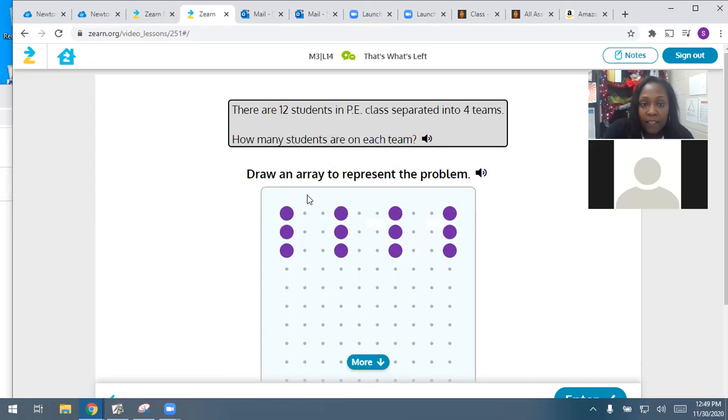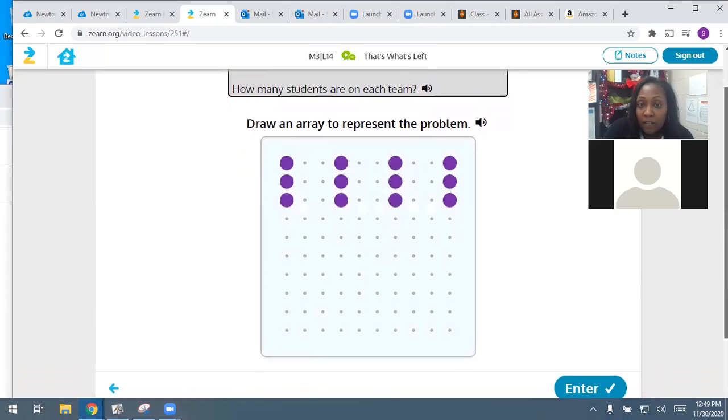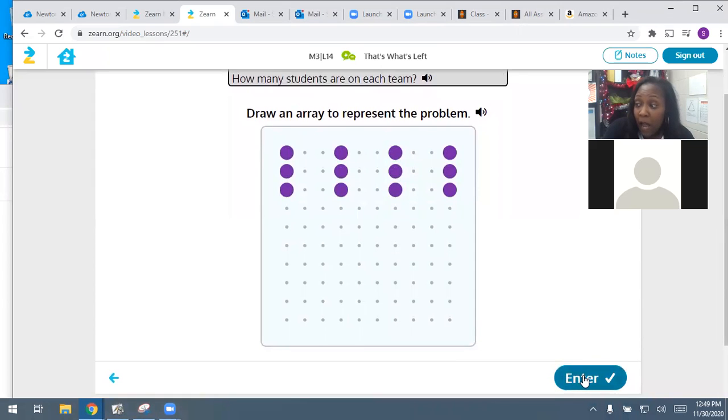Now, as I separated this, I had 12 and I went 1, 2, 3, 4, 5, 6, 7, 8, 9, 10, 11, 12. Do I have 4 teams? How many do I have in each team? Let's count it. 1, 2, 3. I have 3 people in each team.